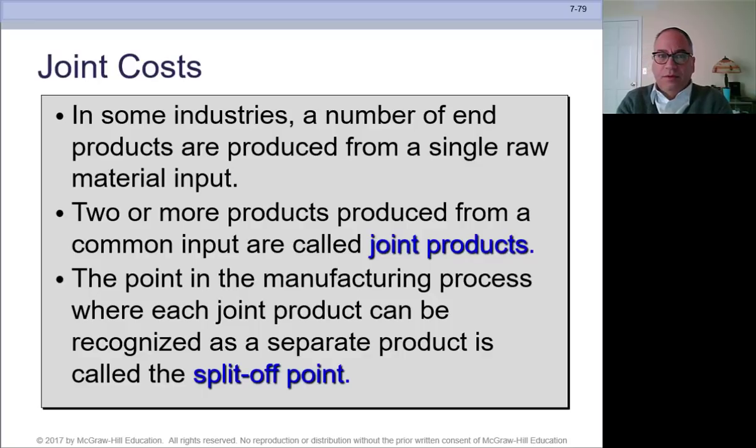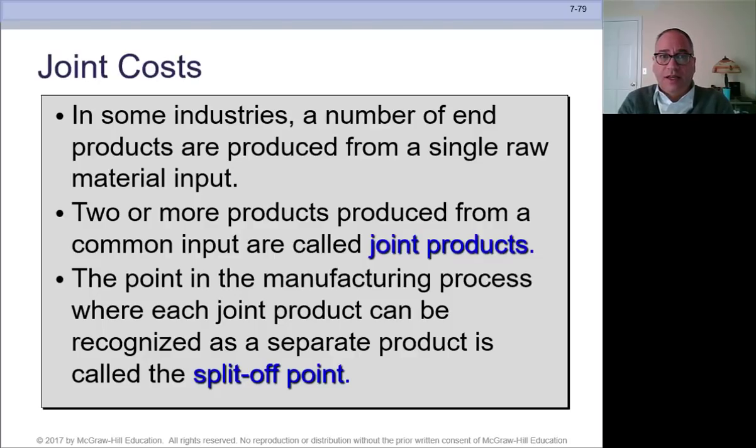For example, if you think about animals, meat, and if you slaughter a cow, there are lots of different products that you can produce with that one cow. First of all, there are all these different cuts of meat that are used for different purposes, but then there are other byproducts of the cattle that are used to do all sorts of things. So, for example, you would make leather out of cattle, and there are all sorts of other derivatives that come from it.